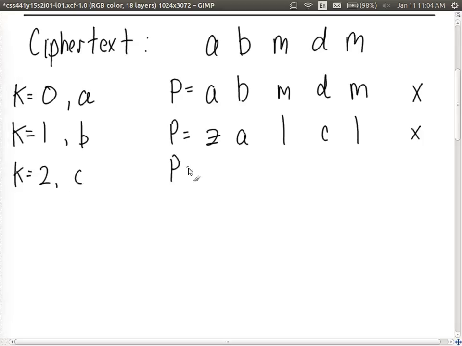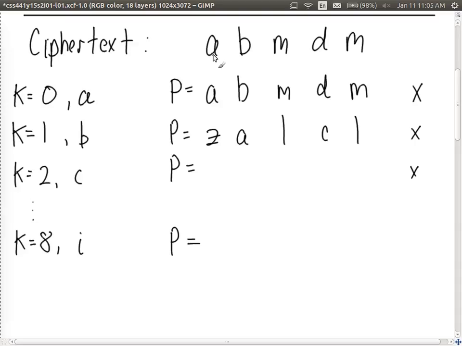And we'd find some plain text, and whatever it was, I think you'll find that that doesn't make sense, and you keep trying. And anyone know the key? 8. We get to 8. Let's see what happens. Which is the letter I in our alphabet. The plain text, what do we get with 8? First letter?